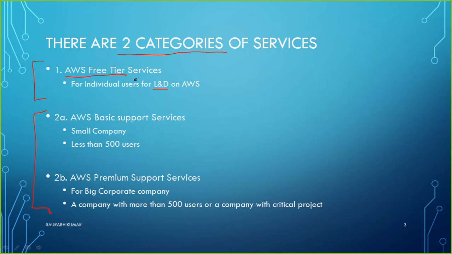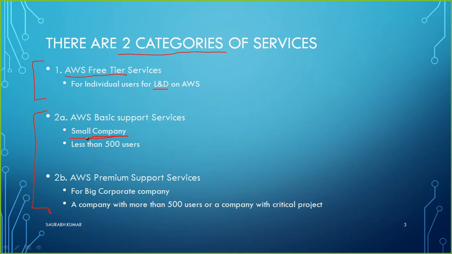But for any company looking to get a service on cloud, they will be choosing from the paid category, that is the second category. In this also we have two options. One is AWS basic support service, another one is AWS premium support service. Basic support service is generally used by a small company.